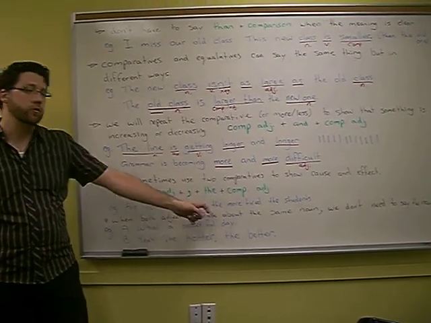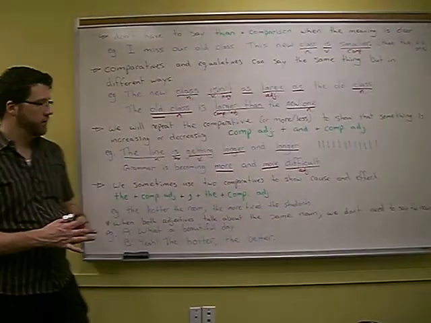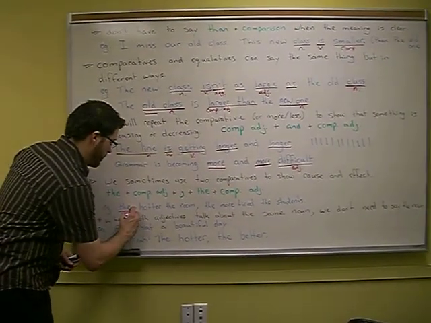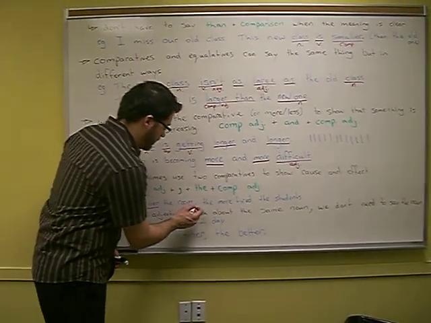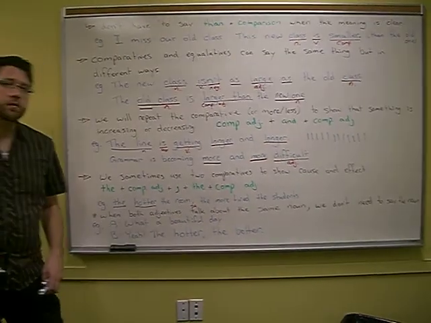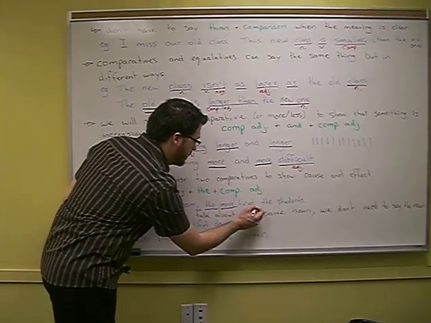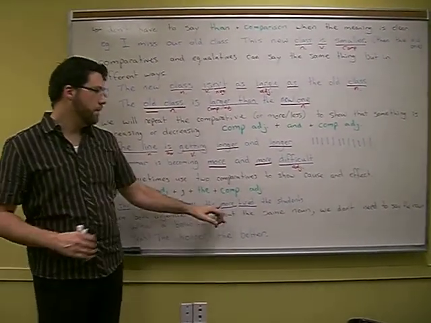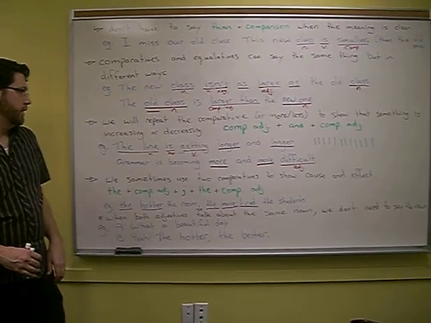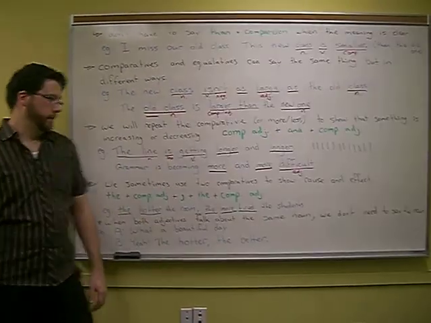The hotter the room, the more tired the students. So the hotter, our comparative, and our comma, and then the more tired, again our comparative, more tired. The hotter the room, the more tired the students.